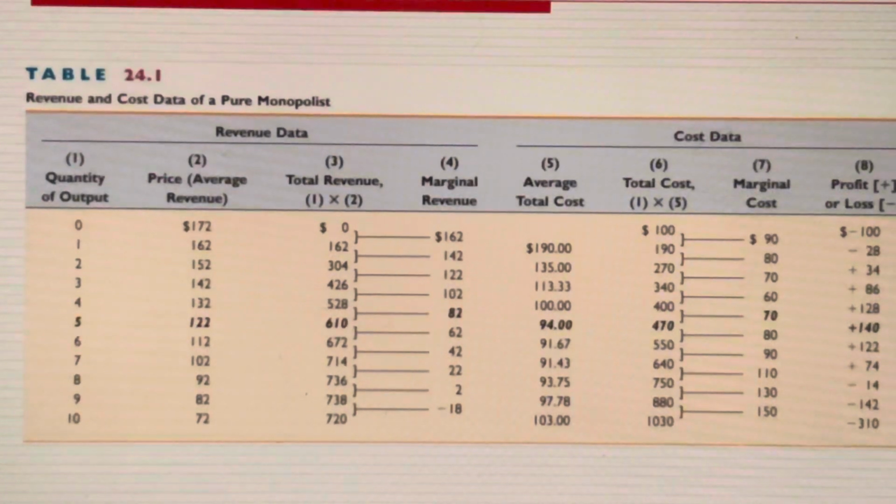So if the quantity of output increases, the price will decrease. That will increase the average revenue, so the total revenue will automatically increase, and the marginal revenue will sustain the market as the average is maintained.